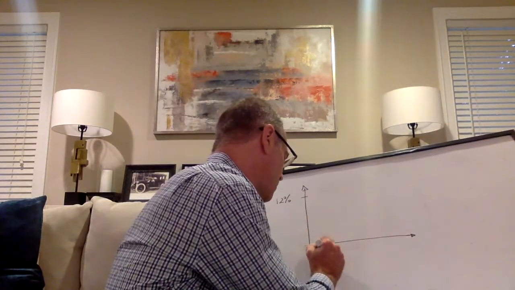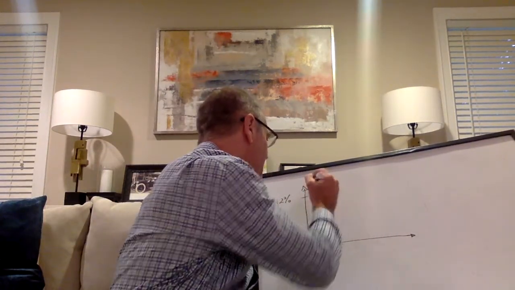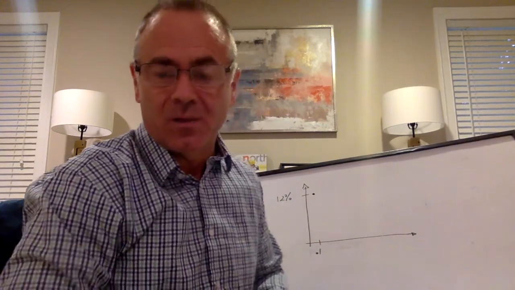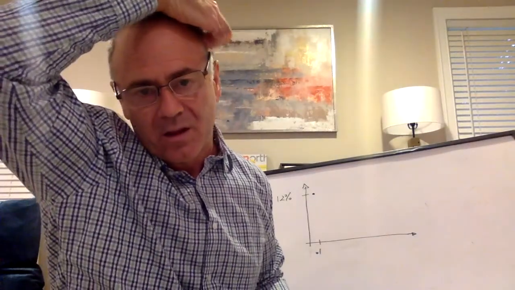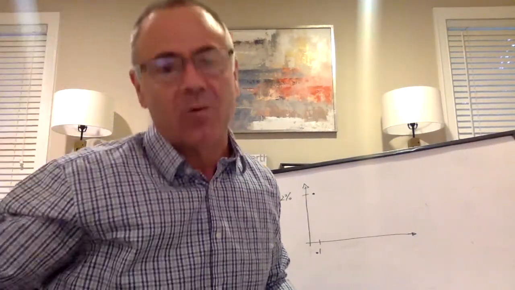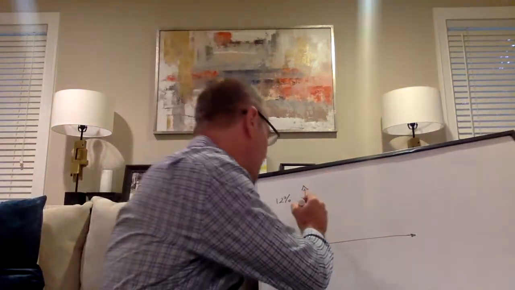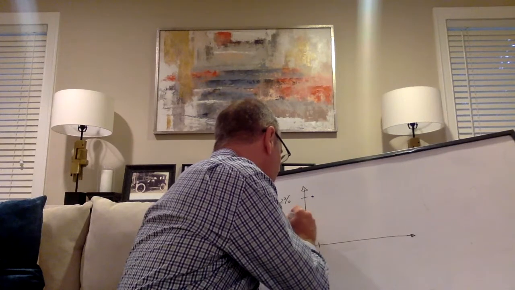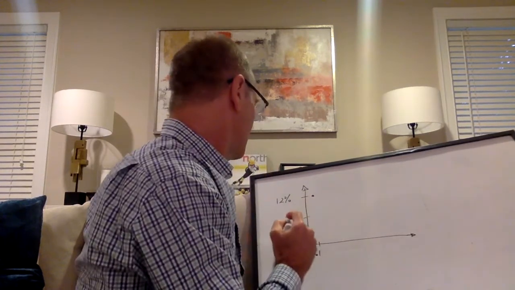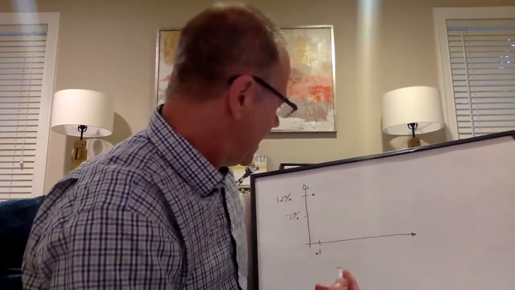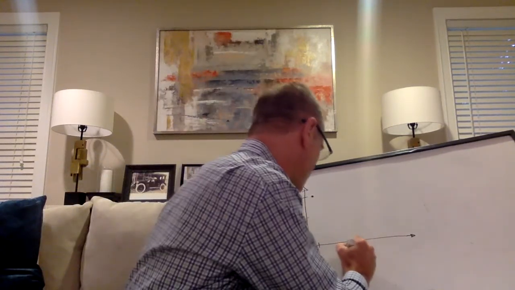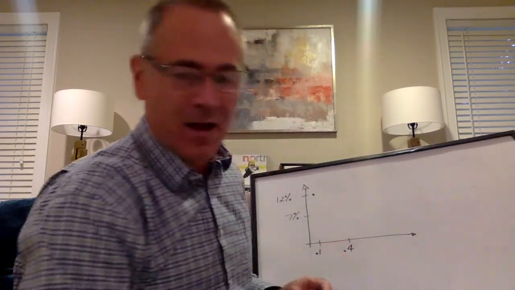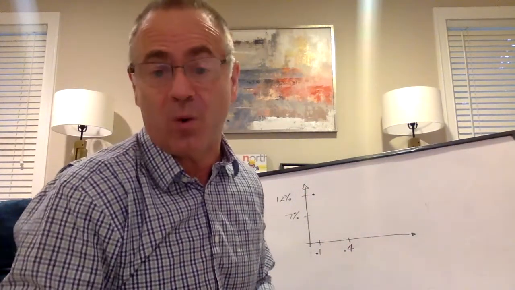So enough people would want to borrow $0.1 trillion if the interest rate were 12%. Now, what if the interest rate were, let's say, 7%? Let's say that at that rate, more people would want to borrow, and the total amount that they would want to borrow is $0.4 trillion.